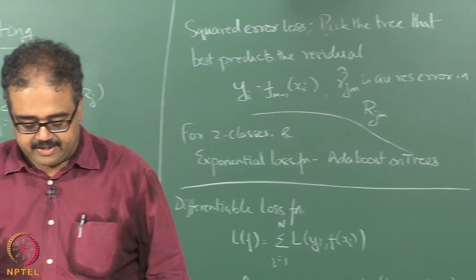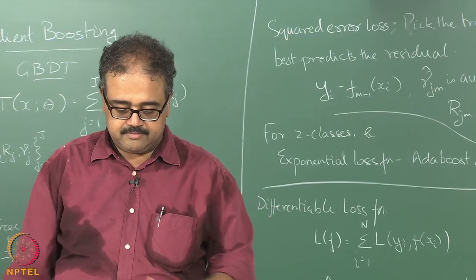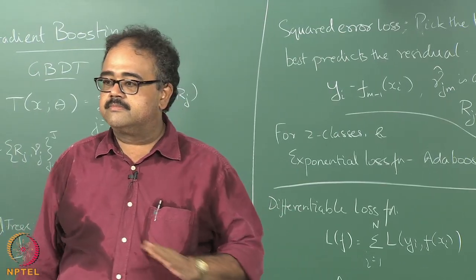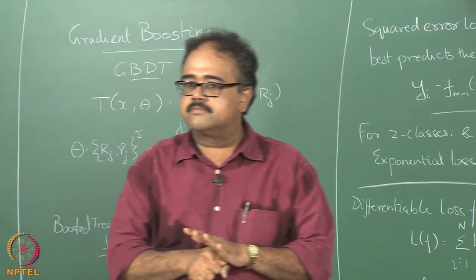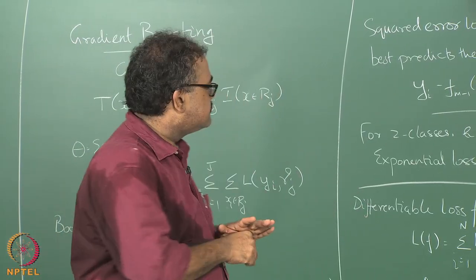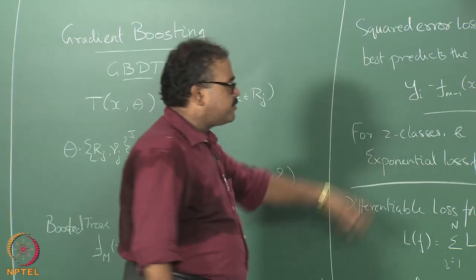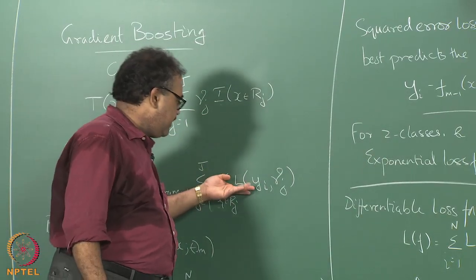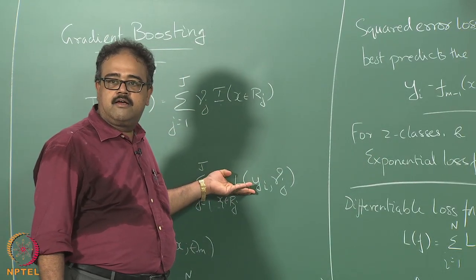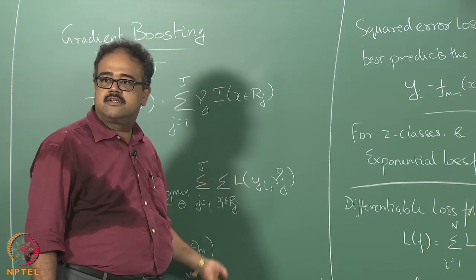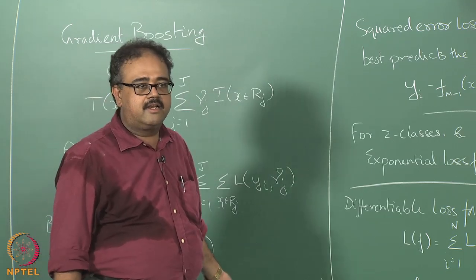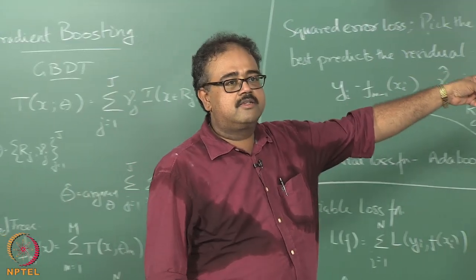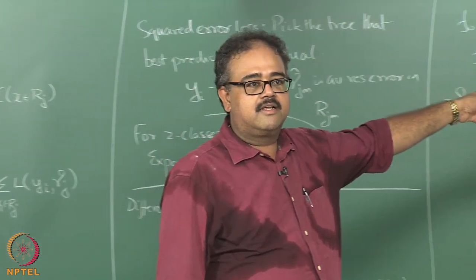So, you should note something here. What is it you should note? For all this while I have been very carefully writing L for the loss function, because I am trying to keep this as generic as possible, right. But here I wrote a squared error loss function.